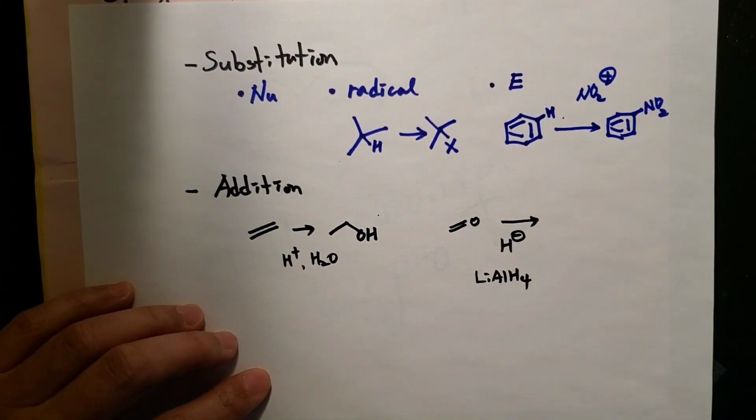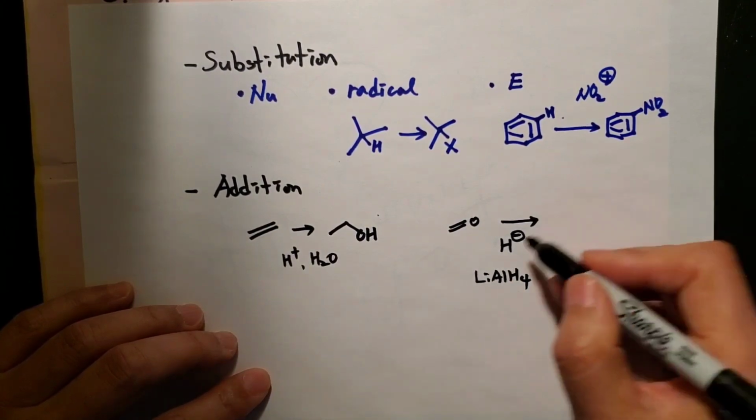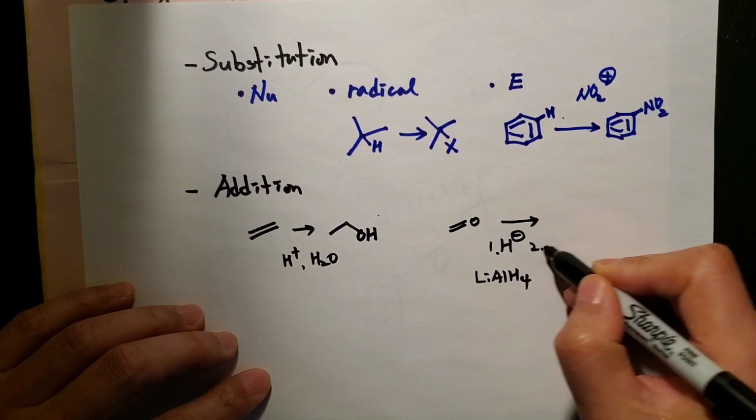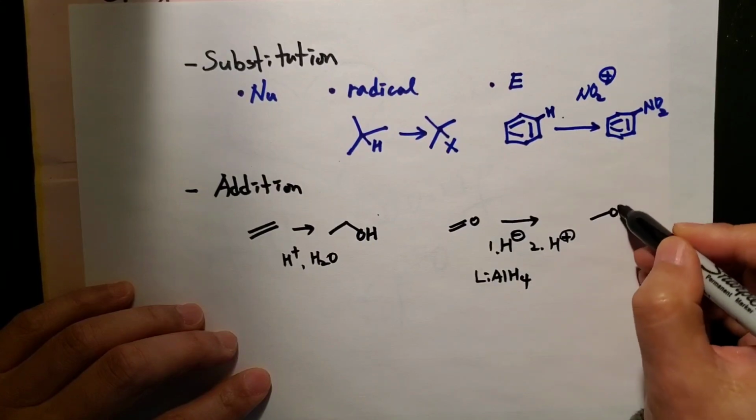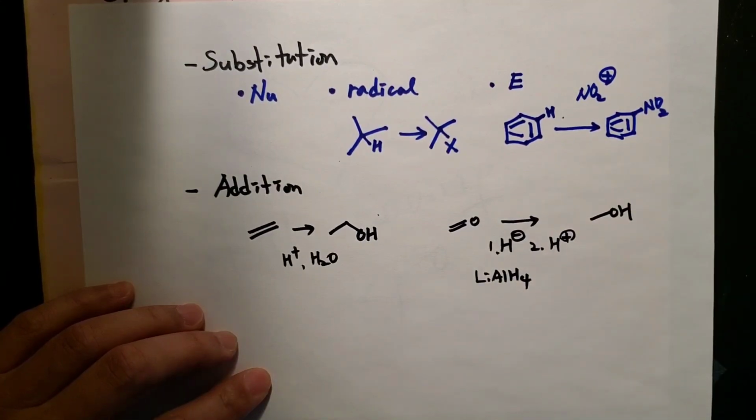This can basically add to the carbon. Then you'll need H plus ion in order to convert that to the alcohol. So you are making a similar functional group, but depending on the situation you need to choose.